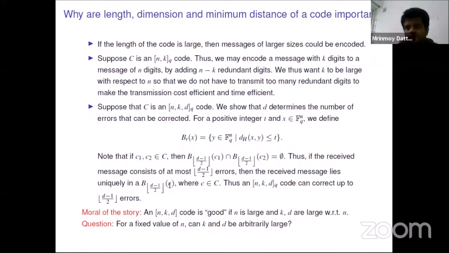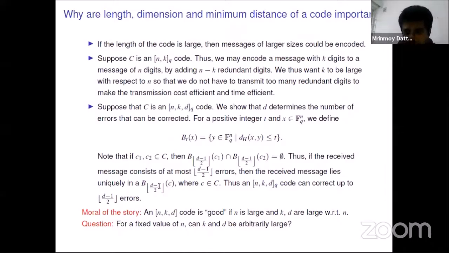Then you know which codeword C lies in the ball, and you can say what the original message is. In particular, if at most (d minus 1)/2 errors occur during transmission, we can correct them. So the moral of the story is, if we have an (n, k, d) code, we call it a good code if n is large and also k and d are large with respect to n.